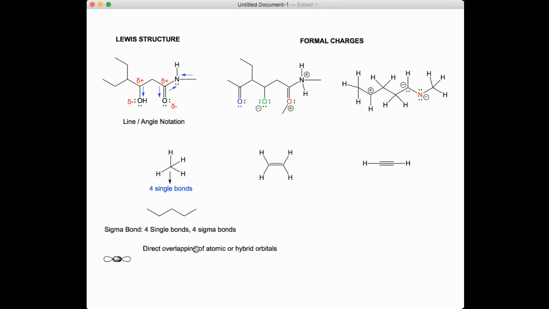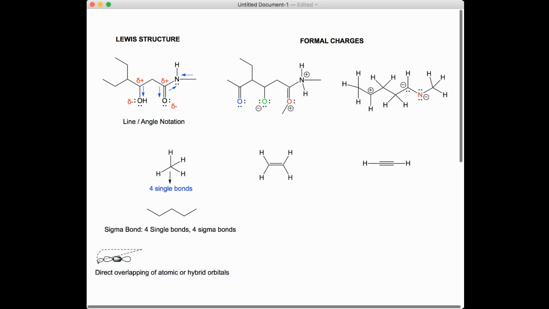But you don't need to know that at this point to understand what I'm saying. So it's direct overlapping of 2 orbitals, and these orbitals could be atomic or another type of orbital. It doesn't really matter. The point being is when you have a direct overlapping of 2 orbitals, we call this new orbital a sigma orbital, okay?